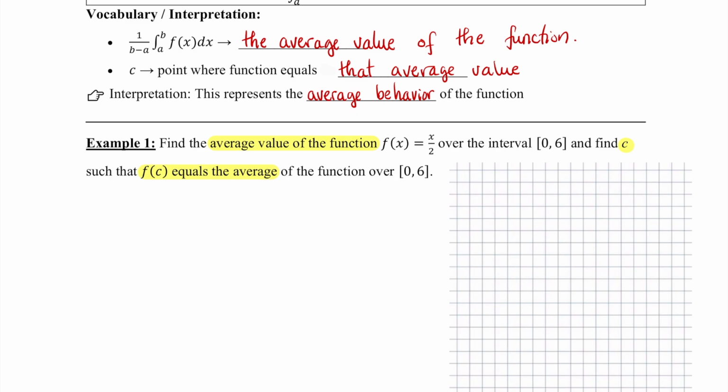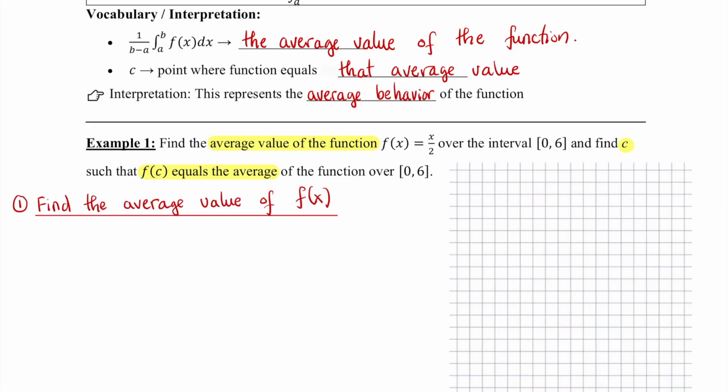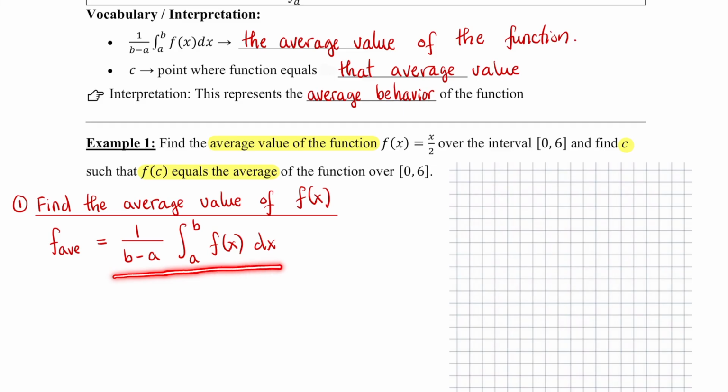So first, let's find the average value of the function. The formula for the average value of the function is 1 over b minus a times the definite integral from a to b of the function f of x dx, where b equals 6, a equals 0, and f of x equals x over 2.